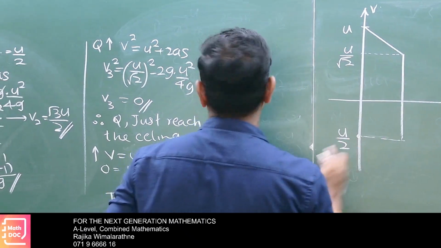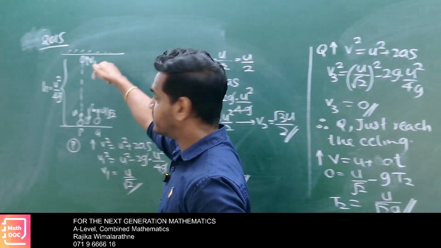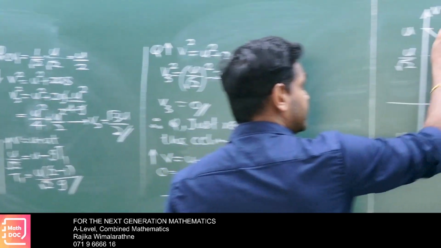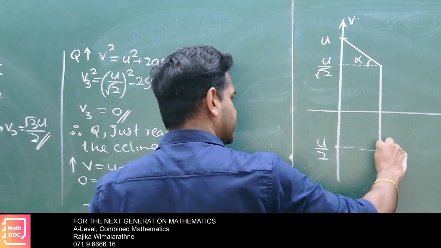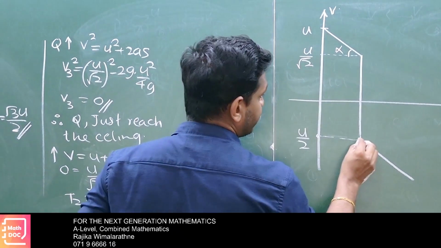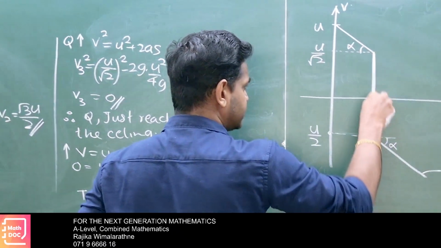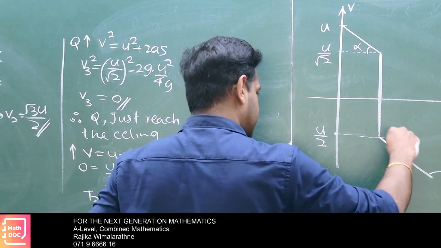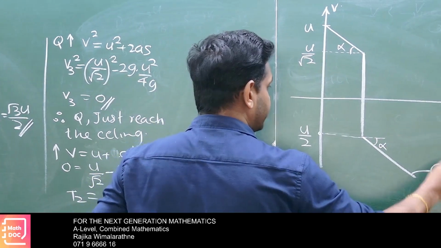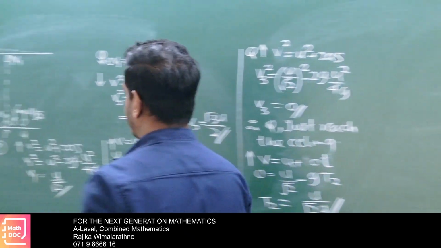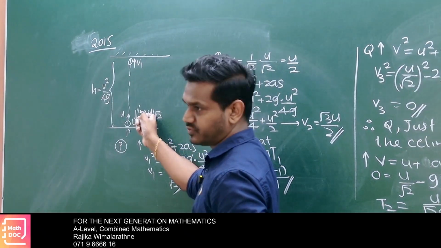Then U over 2 somewhere here. Then its motion is downward now, with angle alpha. Here particle P: instantly velocity changes due to that collision, and it goes under gravity. At the same time, particle Q starts with velocity U over root 2.